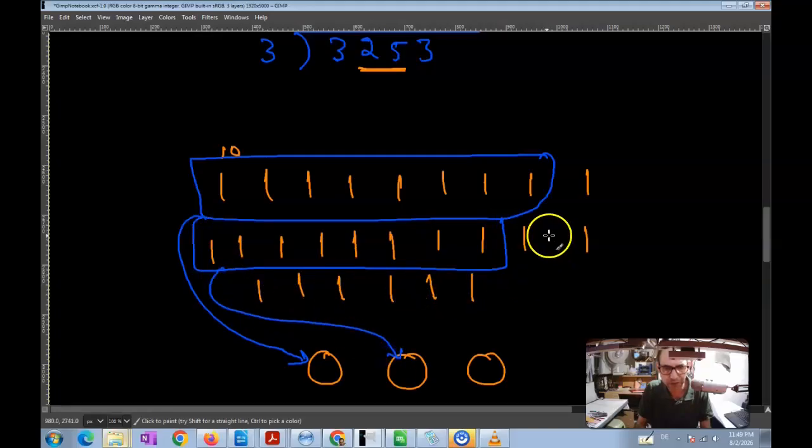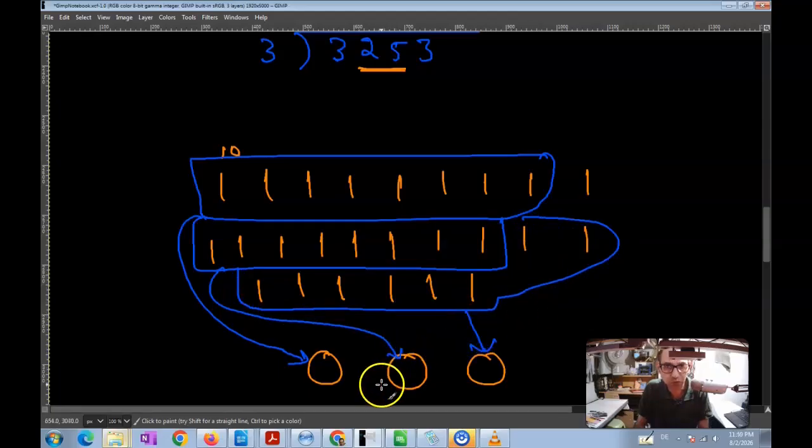And 6 and 2. So these 8 I'm going to give to the third group, which means that now each group gets 8 groups of 10, and 1 remains, right? One of them remains.